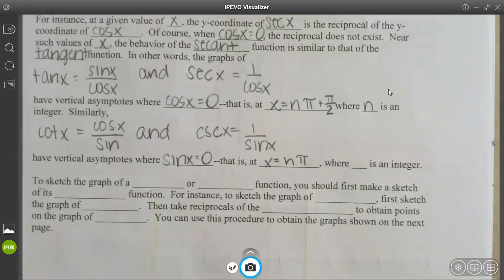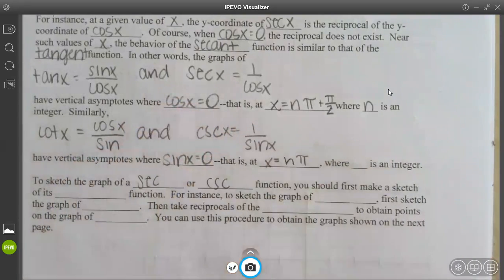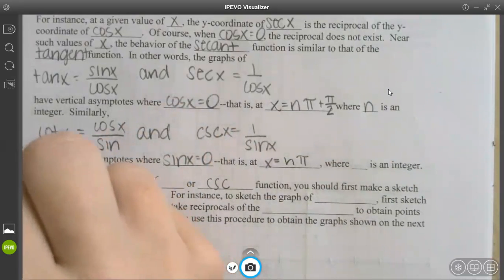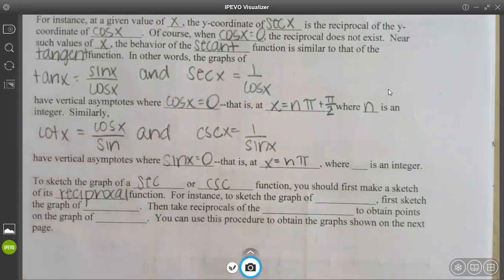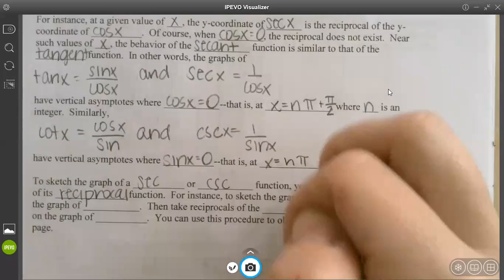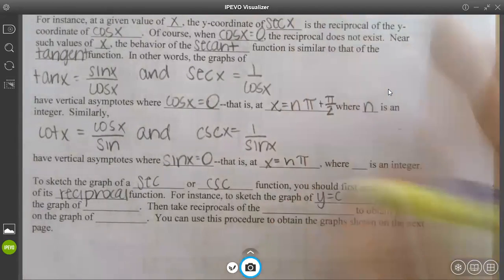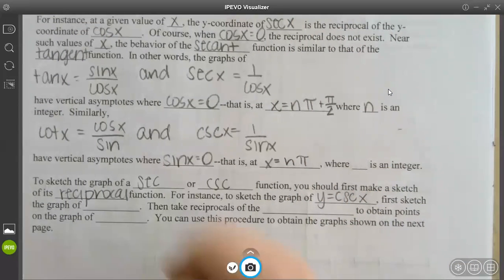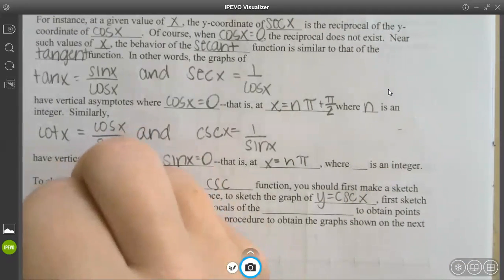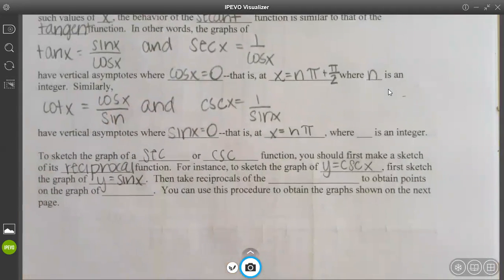To sketch the graph of a secant or cosecant, you should first make a sketch of its reciprocal. For instance, to sketch the graph of y equals cosecant x, first sketch the graph of sine x. Let's do that.